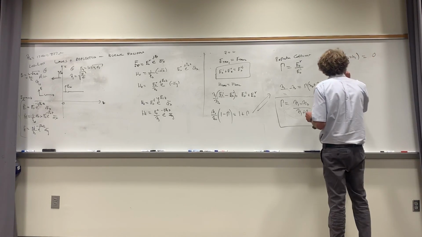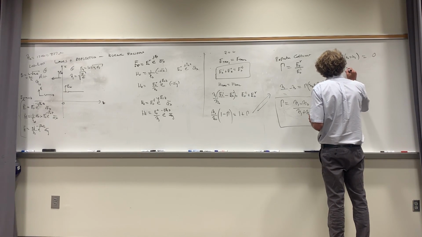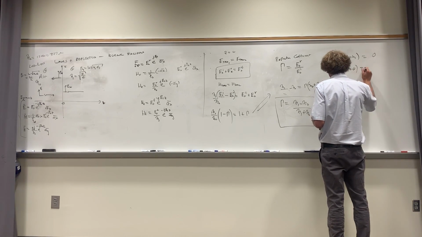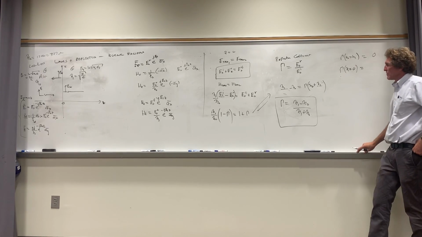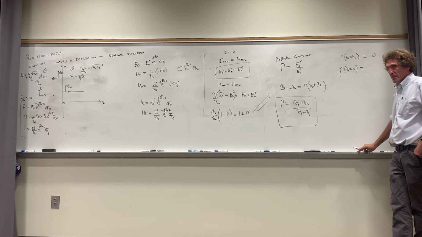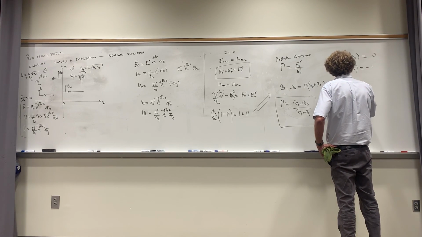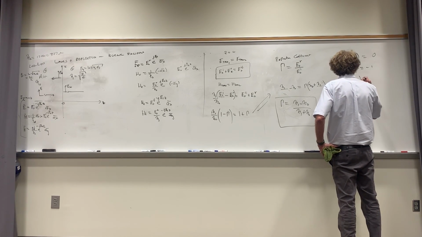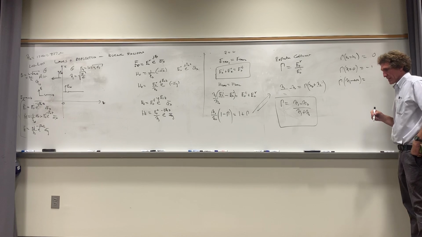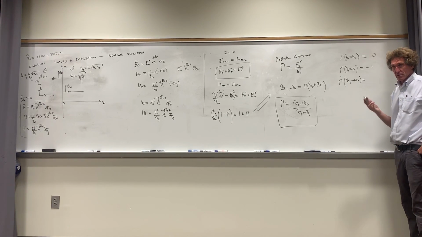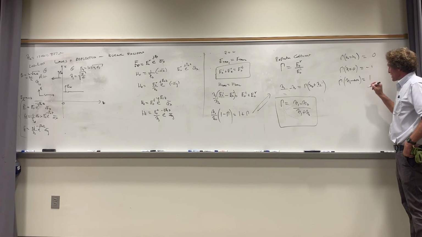What's the reflection coefficient when A to 1 is 0? Now look at it. If A to 1 is 0, what is it? Minus 1, right? What is the reflection coefficient when A to 1 goes to infinity? It's 1.